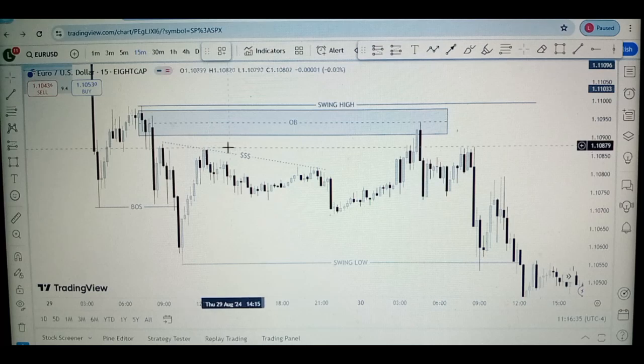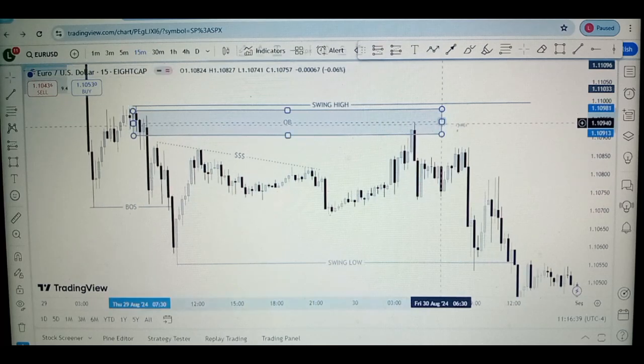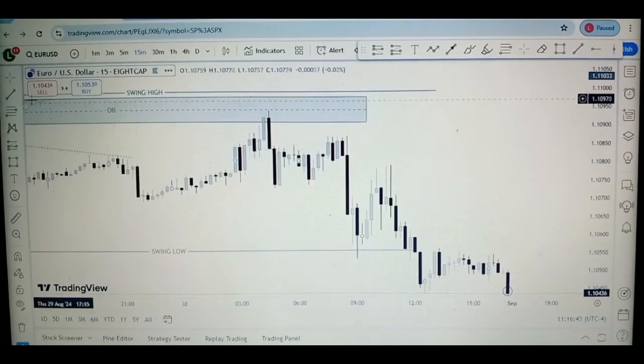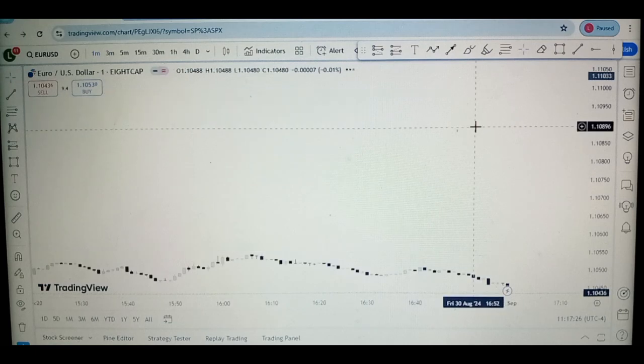So I chose that supply level right there. After that, price changed character on the 1 minute time frame. Let me just drop down to the 1 minute time frame really quick. I had a good supply level that I wanted to short from, and price respected it, confirming to me on the lower time frames that truly we are bearish.